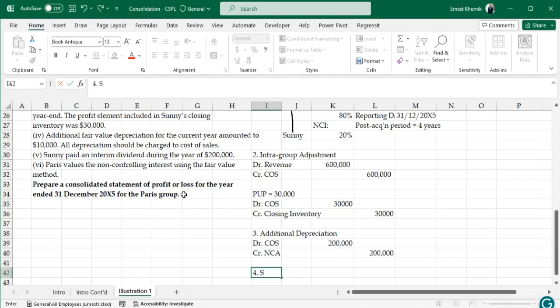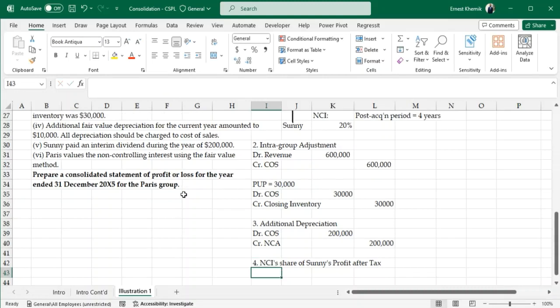So we'll have the NCI's share of Sunny's profit after tax. To do that, we will have Sunny's profit for the year.